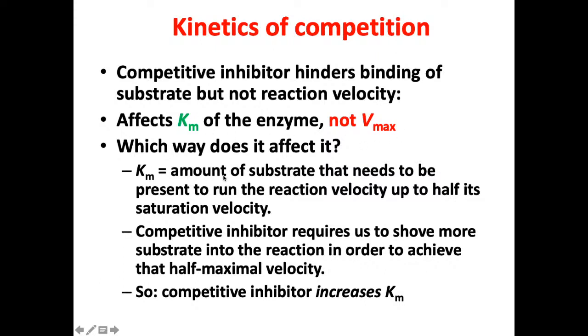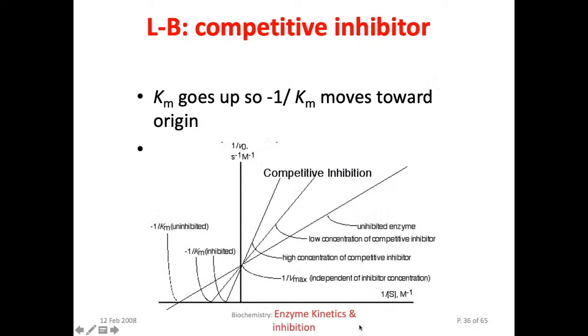The Km is the amount of substrate that needs to be present to run the reaction up to its half-saturation velocity. Competitive inhibitors require us to add more substrate into the reaction in order to achieve that half-maximum velocity. So competitive inhibitors increase the Km.